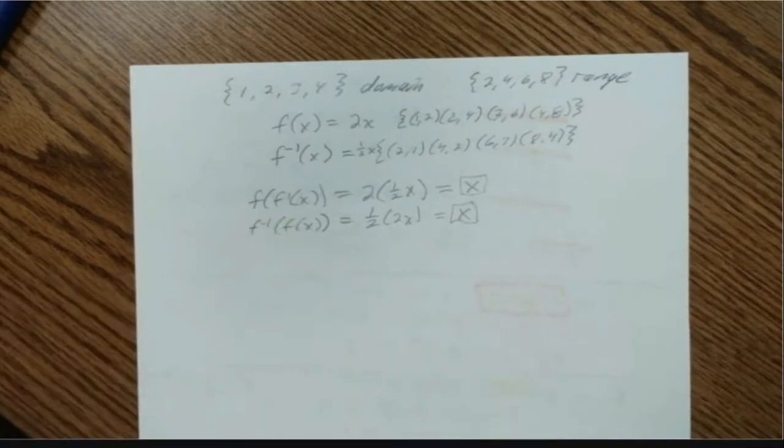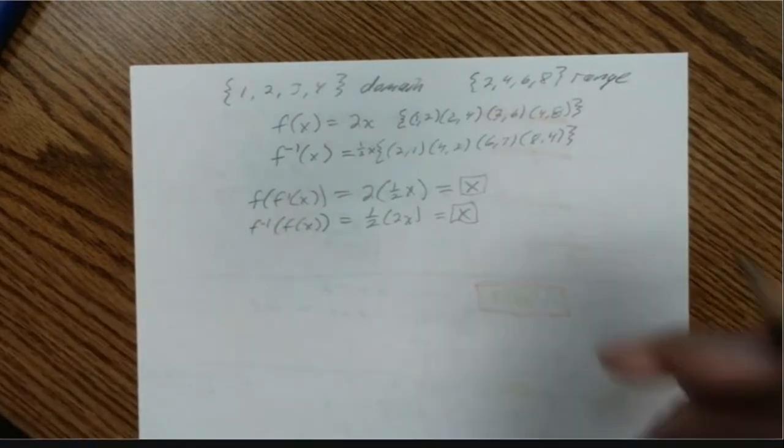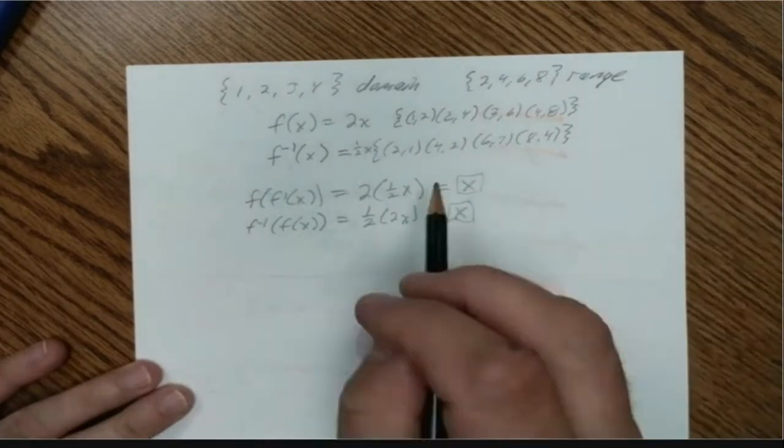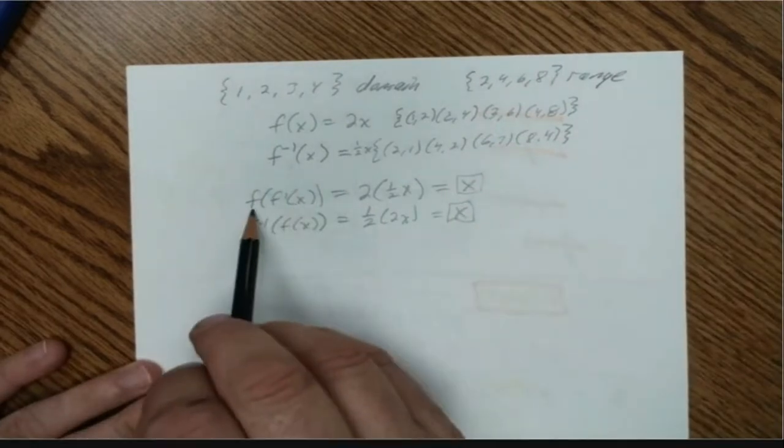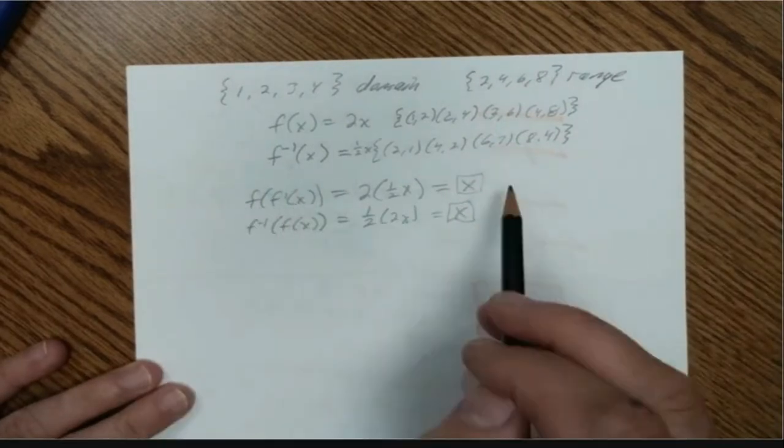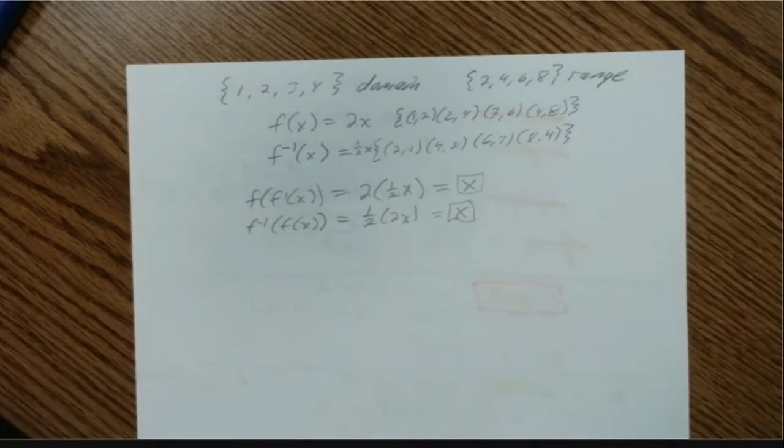That means they are truly inverses. We'll always see that. This is the identity function x. When we take an inverse and do the composition with this function, they end up the same because they're inverses. So it will always do that.